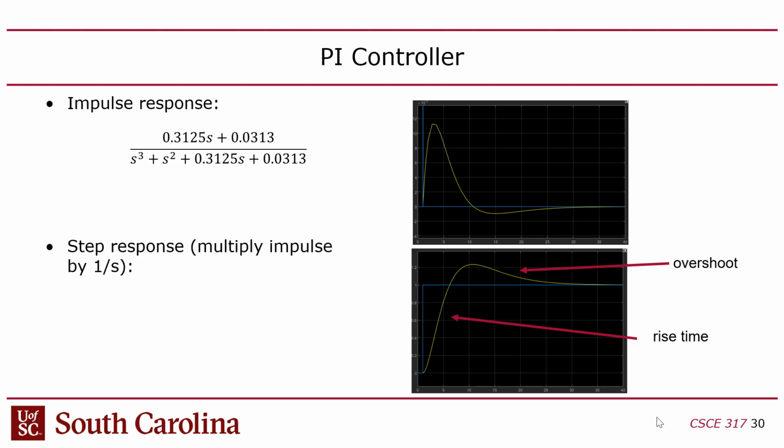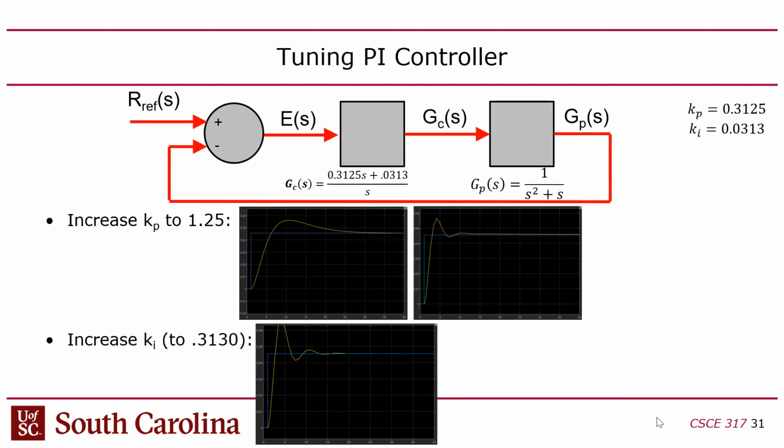So how do you do that? Well, as you guys know from robotics, you have to tweak those values. So if I increase the proportional response to 1.25, this is the original and this is the new, increasing the proportional coefficient. By the way, if I do this, I risk making the system unstable.